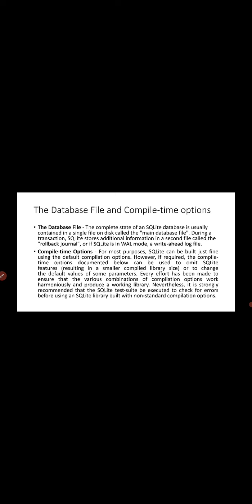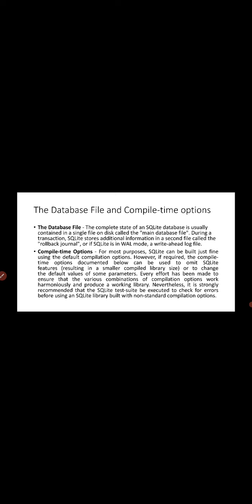The database file and compile time options. The complete state of an SQL database is usually contained in a single file on disk called the main database file. During any SQL transactions, SQLite stores additional information in a second file called the rollback journal.